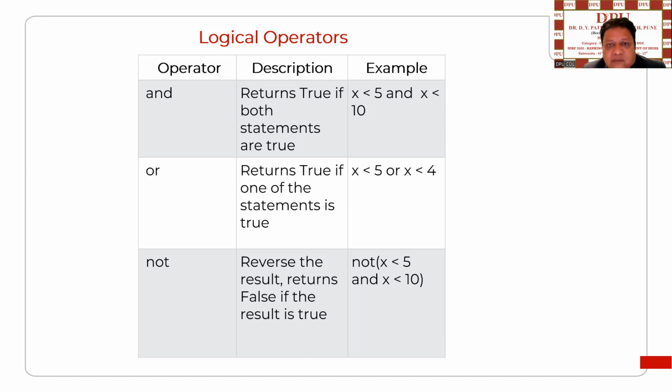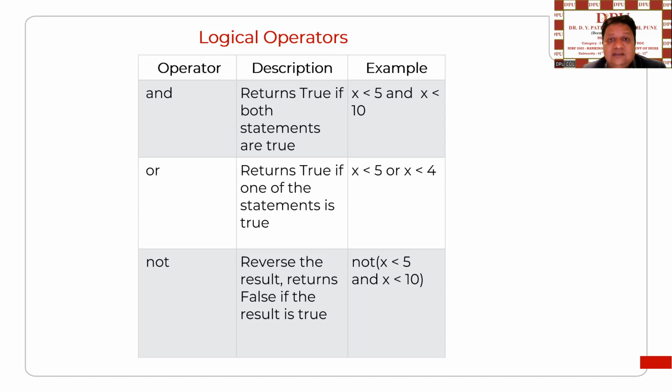For example, not age less than 20. Means age should not be less than 20. If the age is greater than 20, then it gives me the result as true. If the age is less than 20, suppose that the age is 18 and I have given not age less than 20, so what will I get here? I will get false because the condition here is true.